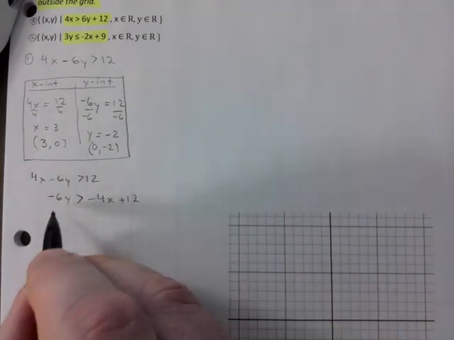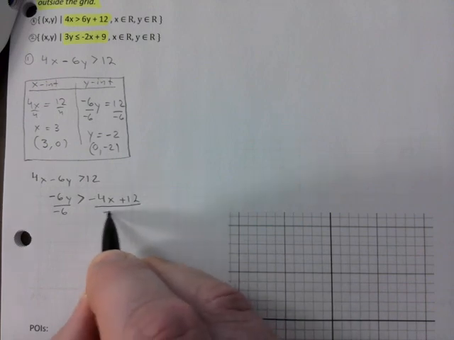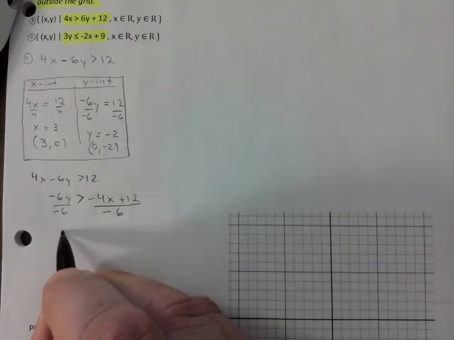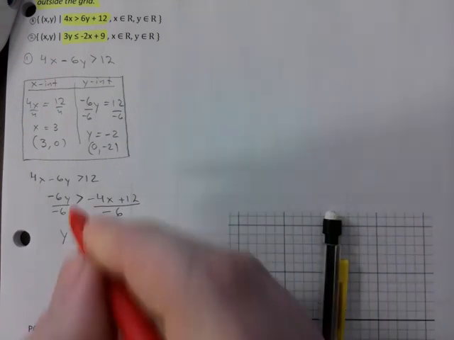Then I'm going to divide by negative 6. And that should be a warning to you. Do you remember what happens when you divide by a negative? You at least nod, right? It's like, yeah, I know, I totally know, Mr. Dixon. So the sign flips. I'm going to maybe use a red pen to emphasize.